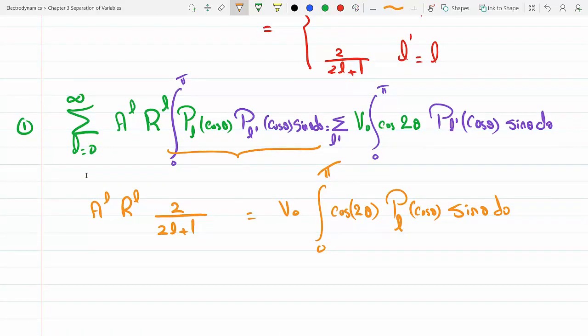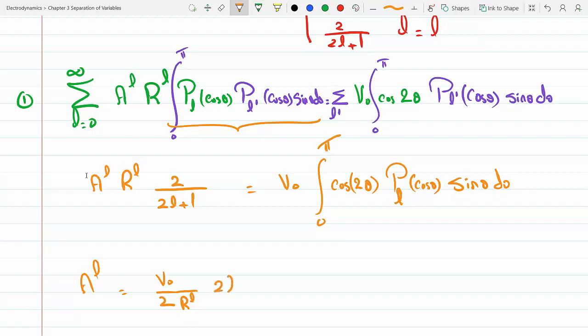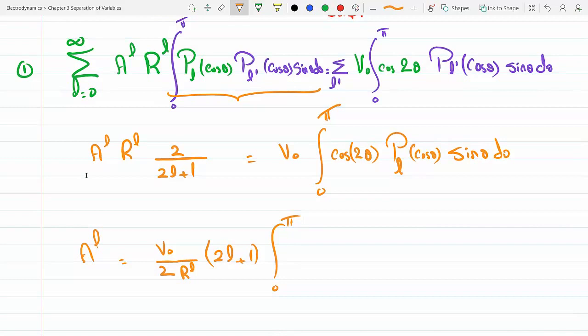And so now I could find what A_L is. My A_L will be V0 over 2 R^L, and we have here a 2L plus 1, and we have here the integral from 0 to pi of cosine 2 theta times P_L d theta.